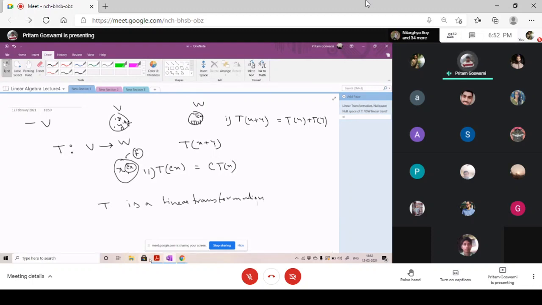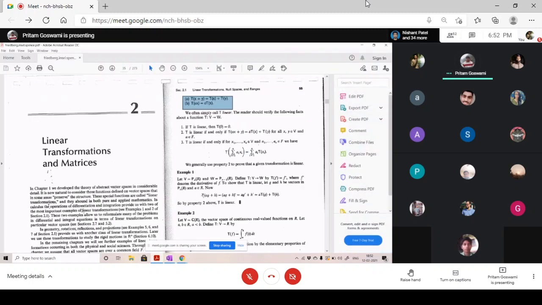Now to give you an example here. Another thing is, look here. If T has to be a linear transformation, then the image of 0 will always be the zero vector of the other vector space. It shall be maintained also.